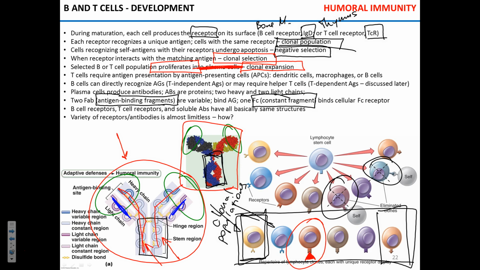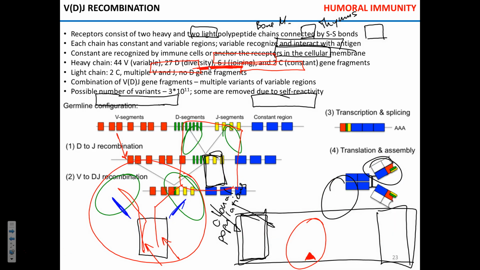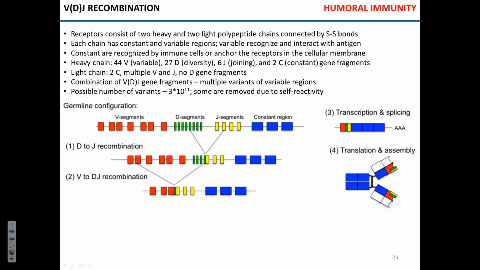We have 30,000 genes in the human genome. So it's definitely not how it works. How would you do that? The mechanism, in my opinion, is one of the most elegant mechanisms that I've seen ever. It's a marvel.